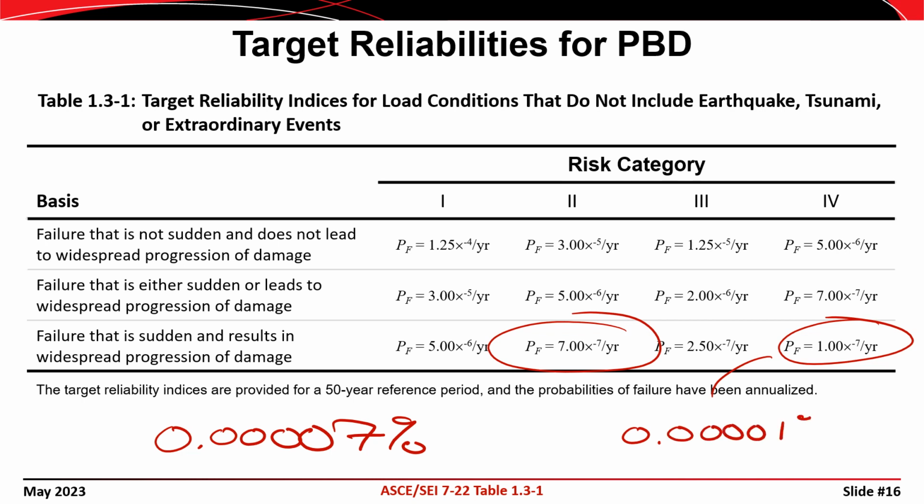I think I got this right. 0.00001% chance of failure in any year. Now, it bears mentioning that each of these probabilities of failure and the reliability indices on the previous slide don't include things like earthquakes, tsunamis, or extraordinary events.